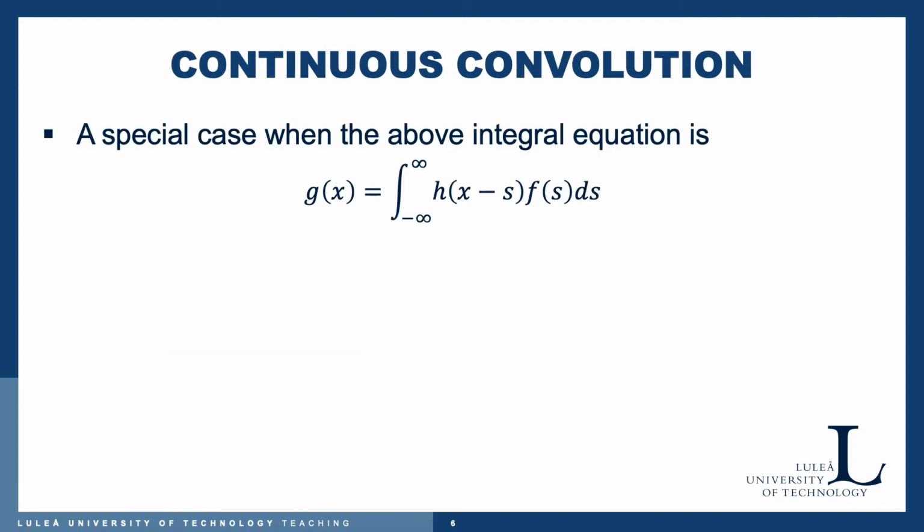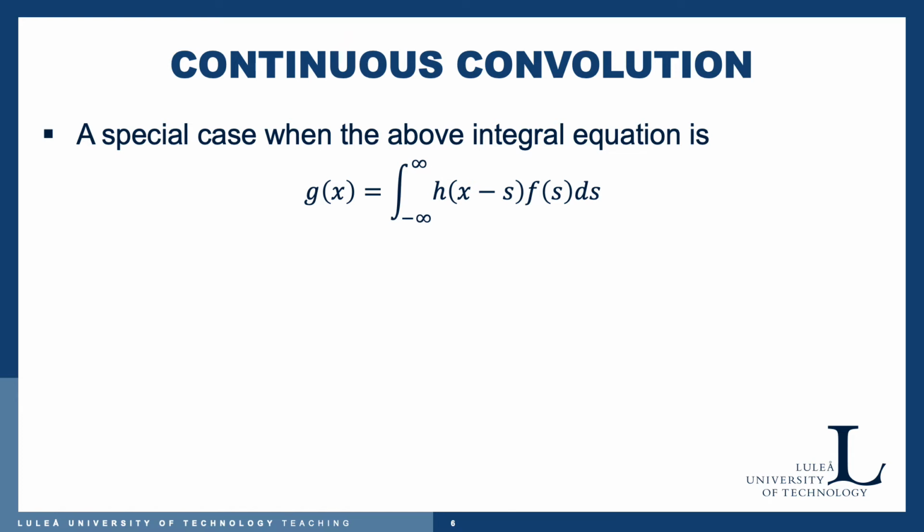Okay, the continuous convolution is a special case of the integral equation that we considered just before, when the kernel is not a 2-variable function, but really only a function of 1 variable, but shifted, considered shifted when we are placing it into the integral equation.